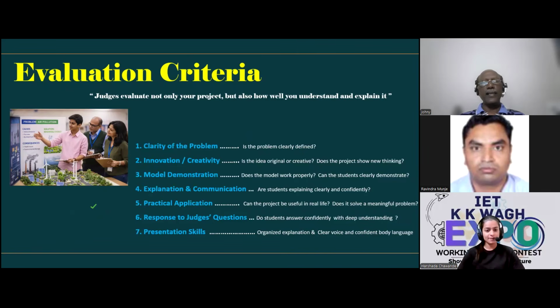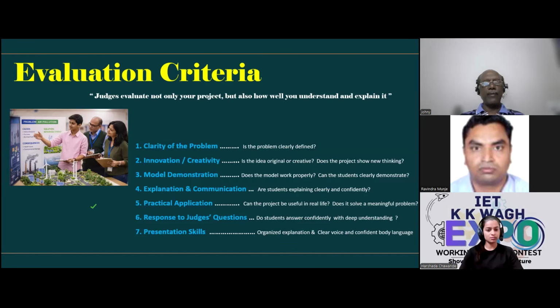Now, look at it. How are they going to evaluate your project? Judges evaluate not only your project, but also how well you understood it and how well you are explaining it. We have seen the judges have limited time, so they're looking at your project.